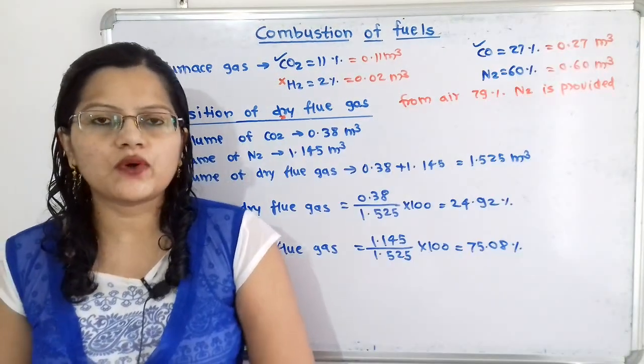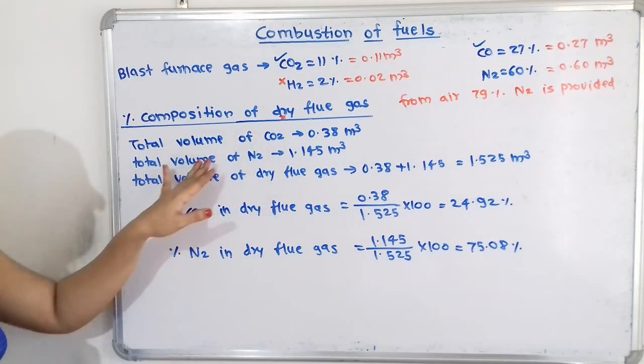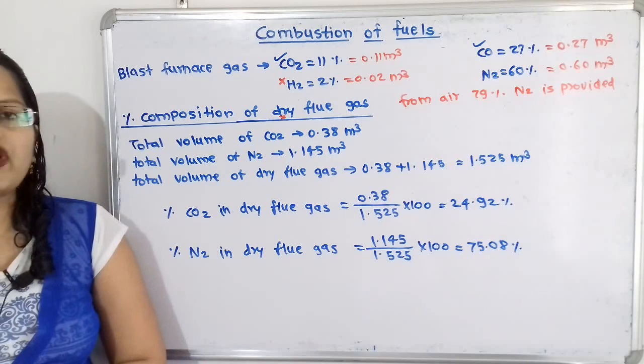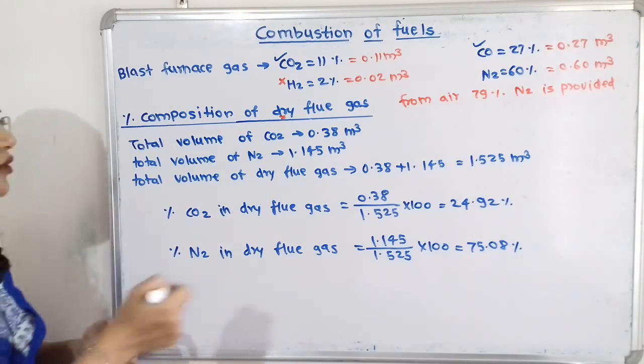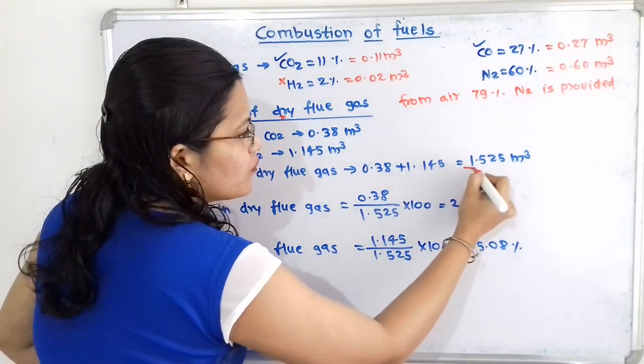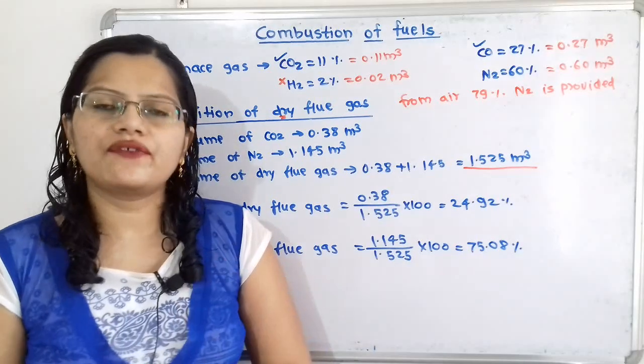Now we will find the total volume of dry flue gas, that is the volume of CO2 plus the volume of N2. Nitrogen and carbon dioxide volumes we have to add. So it is 0.38 plus 1.145, which is equal to 1.525. So this is the total volume of dry flue gas.